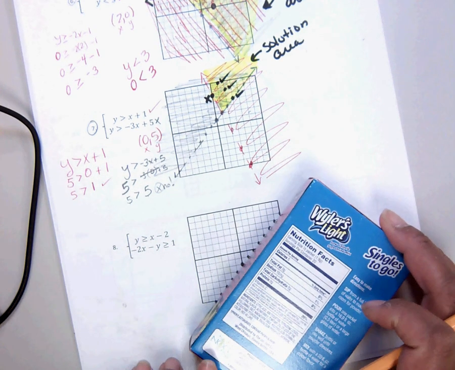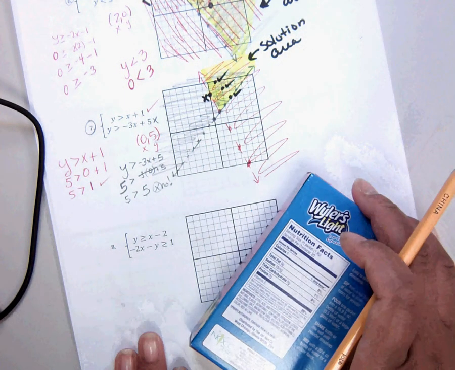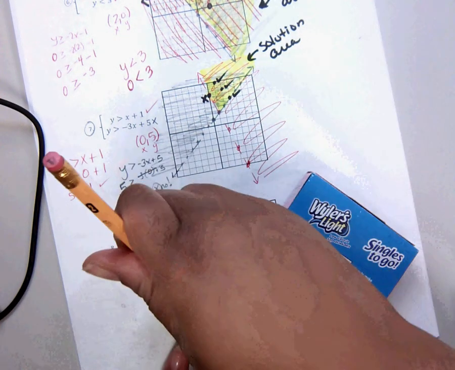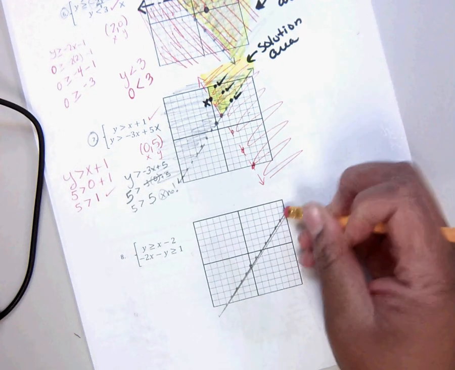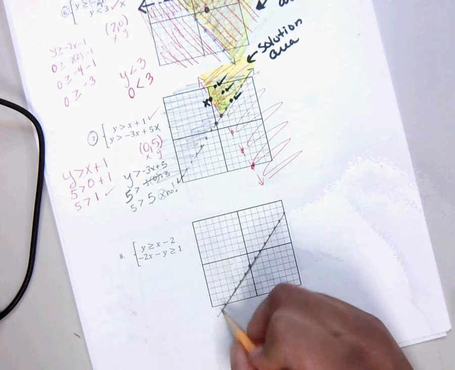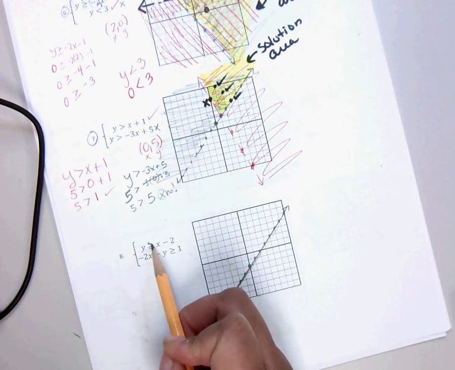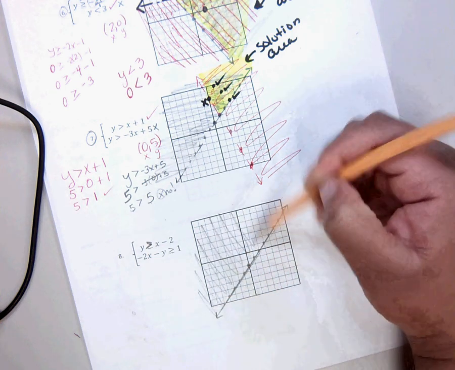And I'm going to draw a solid line. I did that twice because the first one was off. It says to shade greater than above. Shade up.